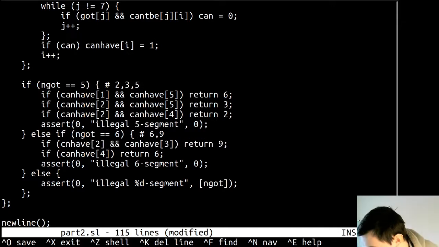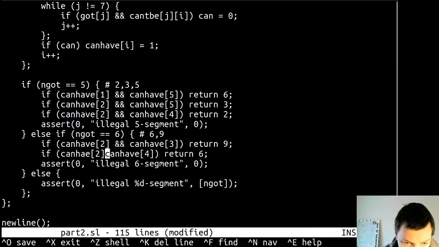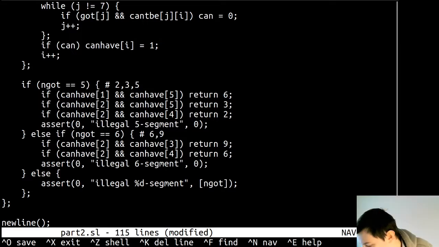If we can have C and E, then we've got 0. 2 and 3 is C and D, which is 9. 2 and 4 is C and E, which is 0.